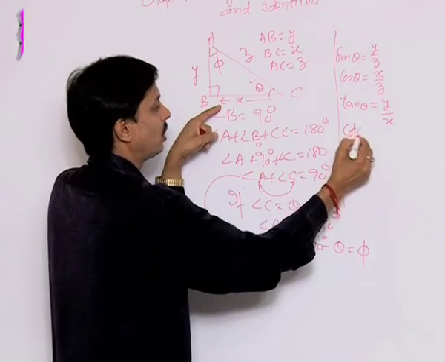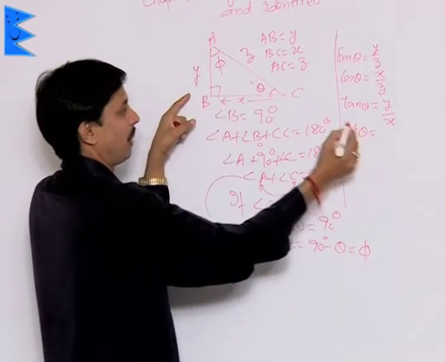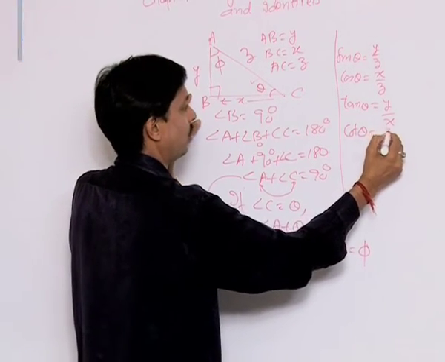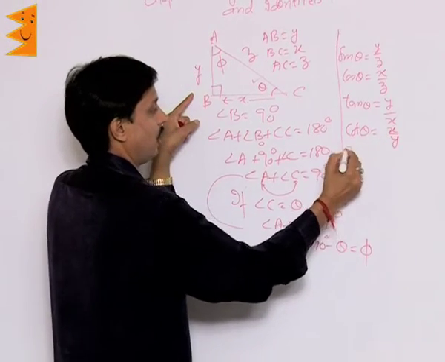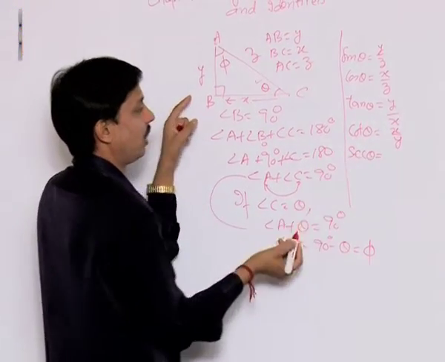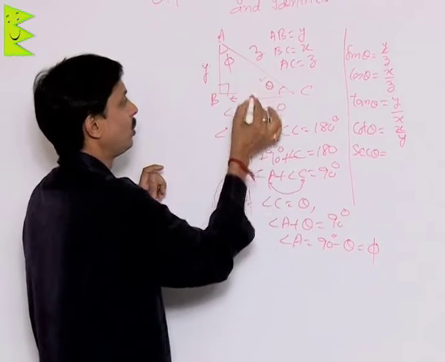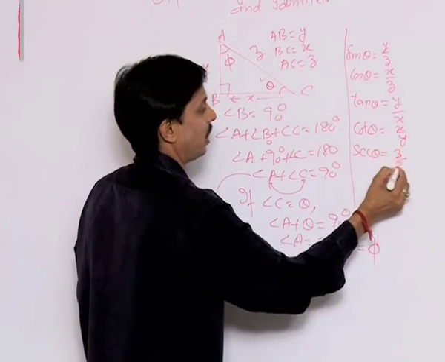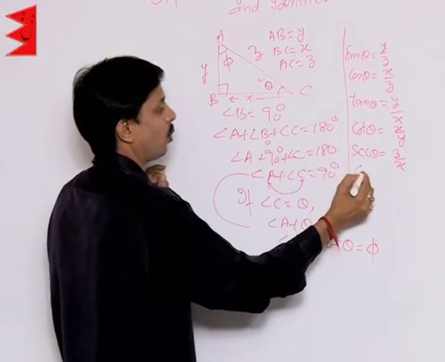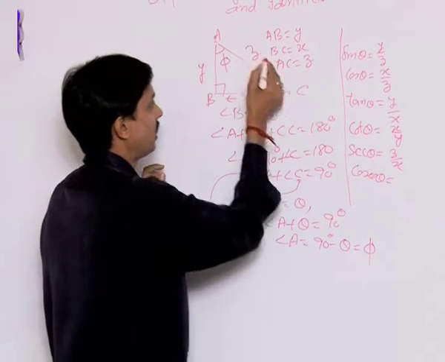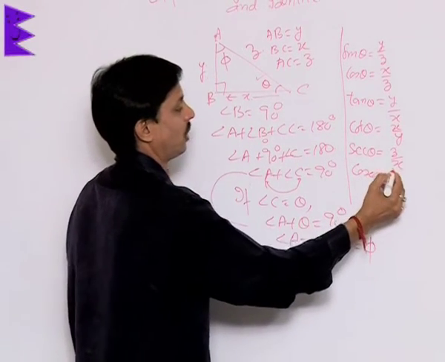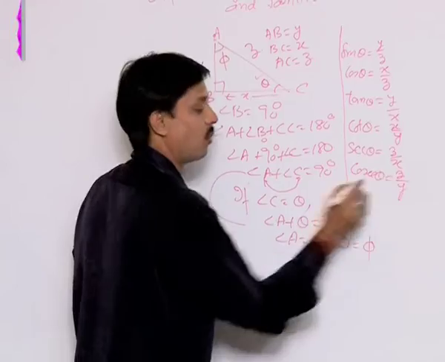Cot theta is base upon perpendicular, that is x upon y. Sec theta is hypotenuse upon base, that is z upon x. And cosec theta is hypotenuse upon perpendicular, that is z upon y.